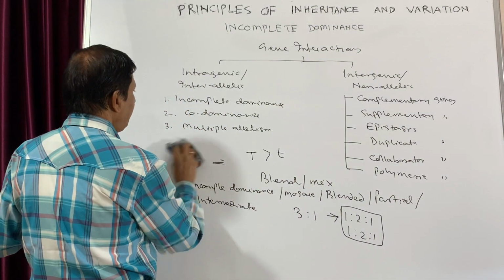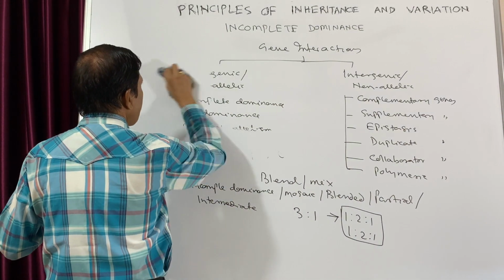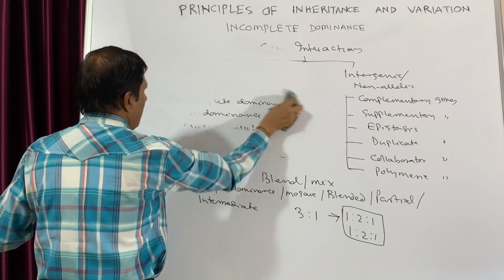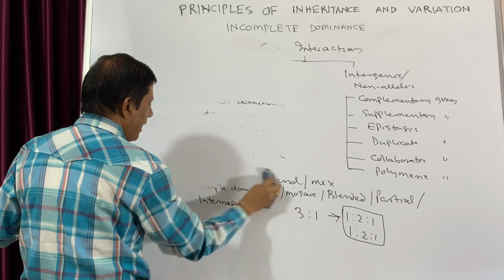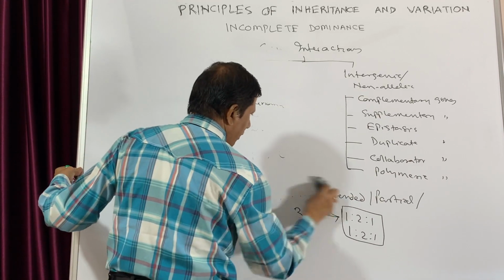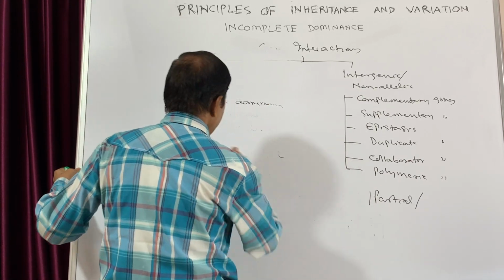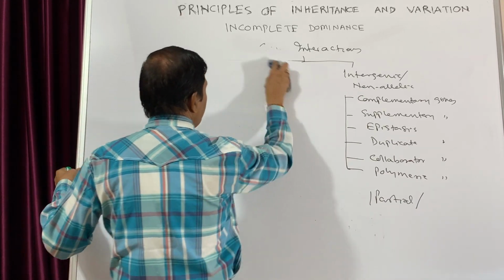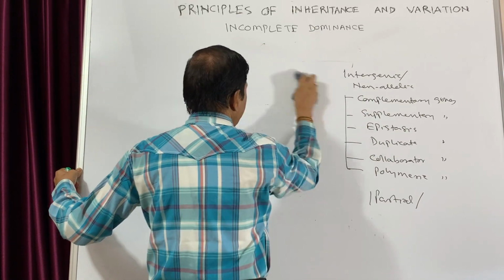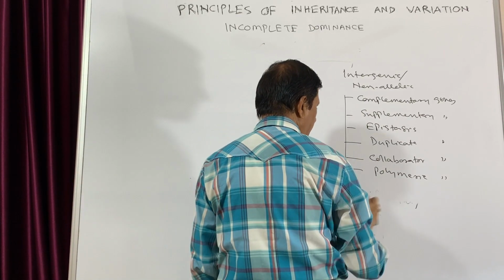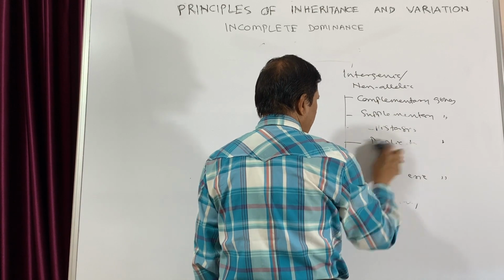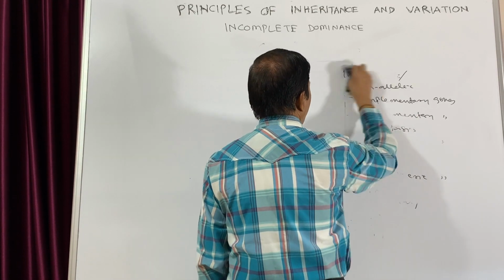Here we will give three examples. One example is Mirabilis jalapa, or the 4 o'clock plant. Another is Antirrhinum majus, which we can call dog flower or snapdragon. And another example we can take from Andalusian fowls.